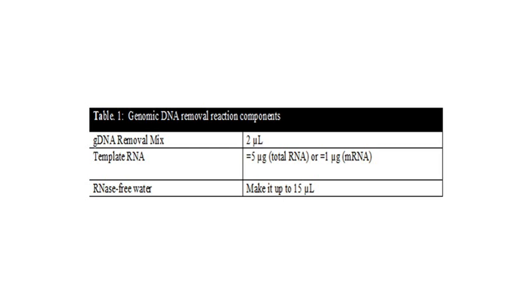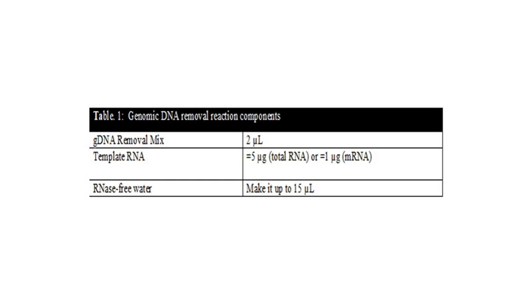If it is total RNA, including mRNA, tRNA, rRNA, all the RNA, in that case it should be less than or equal to 5 microgram. Whereas if you have purified mRNA, in that case you need to add less than or equal to 1 microgram and make up the volume with RNase free water to 15 microliter.